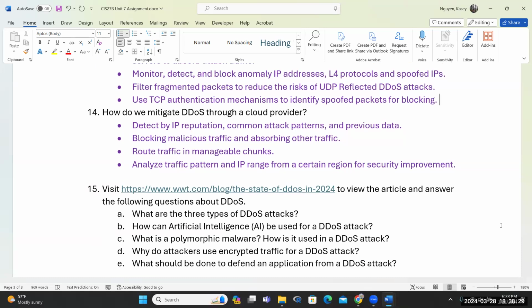So encryption of traffic is very common as well. And then question E asks you, what should be done to defend an application from a distributed denial of service attack? Mostly the web application, it should be.